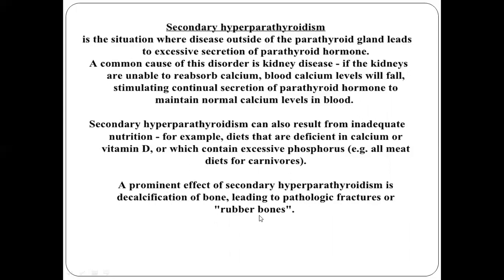Whether the parathyroid glands have developed a tumor in primary parathyroidism, or in secondary parathyroidism the patient is malnourished and not taking a proper diet with calcium or vitamin D, or the kidneys are affected and not absorbing the calcium, in both cases the bones will suffer badly and develop pathological fractures.